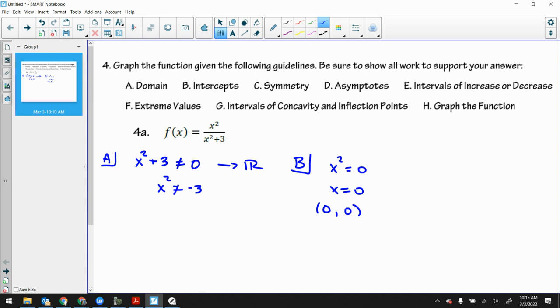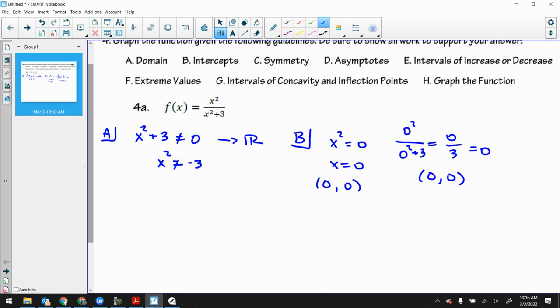That's going to be 0 squared over 0 squared plus 3, which is 0 over 3, just 0 again. So it crosses the y-axis at (0, 0) as well, which we could have seen because the x-intercept was (0, 0), but whatever. That's how you do it for any of the problems. You plug in 0 for x and see what you get for y. So I know my x and y intercepts are both (0, 0).